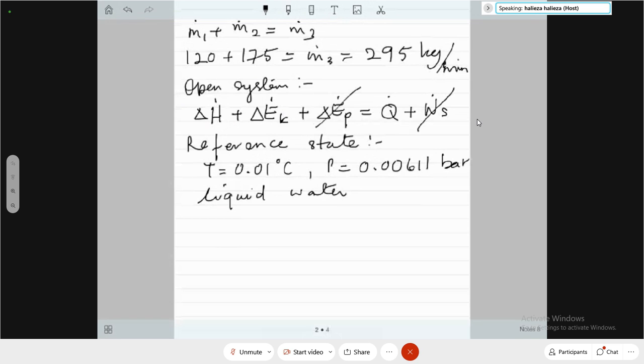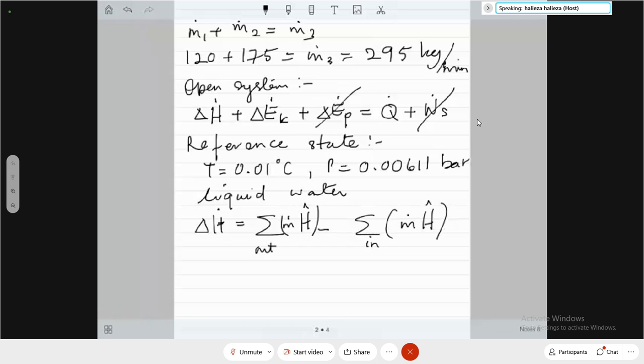So let's rewrite the equation. You have change of enthalpy is equal to, you're looking at an open system, so the equation will be out minus in. Your flow rate is in mass and your specific enthalpy, that's your inlet and outlet, and this is for the inlet stream.